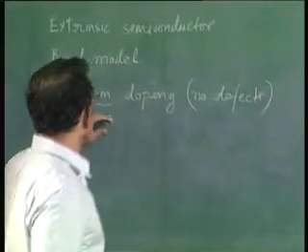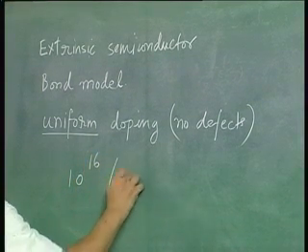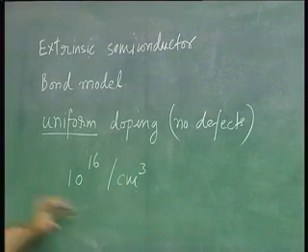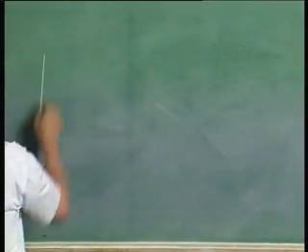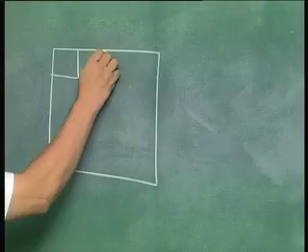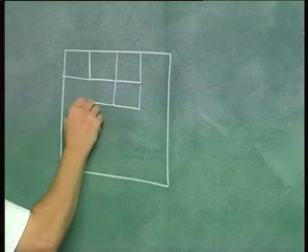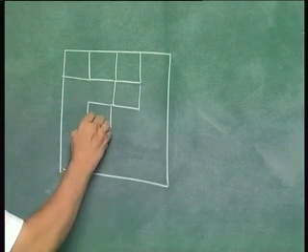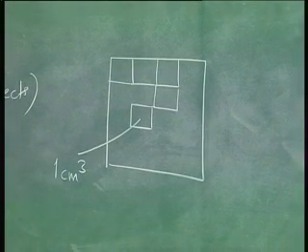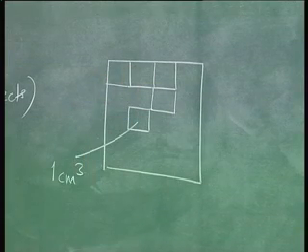The meaning of uniform doping is as follows. Supposing I have 10 power 16 per centimeter cube of impurity atoms, then I will find that if I take the semiconductor and look at different 1 centimeter cube blocks of this semiconductor at different places, each of these is a volume of 1 centimeter cube. I am showing the picture in 2 dimensions.